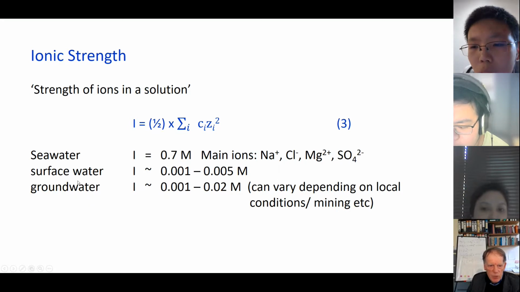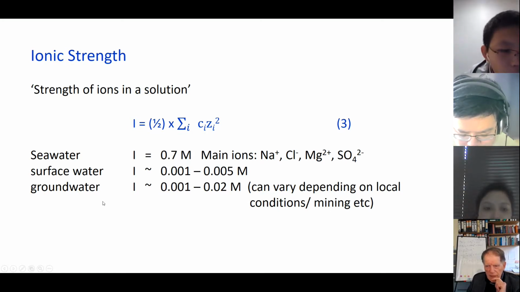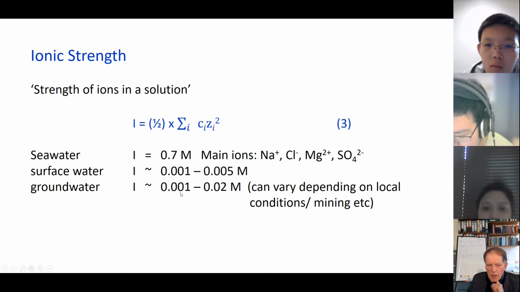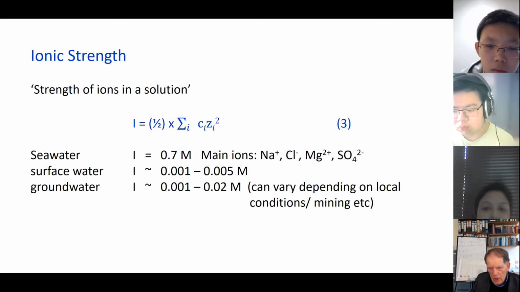Very different from surface water, groundwater, fresh water, which is much lower. Although you can get significant variations, especially if there's been some local mining operations or whatever, which can increase significantly the ionic strength, and that can have an impact on the local ecology, life forms and things that are in the environment. So ionic strength is a very important environmental parameter.